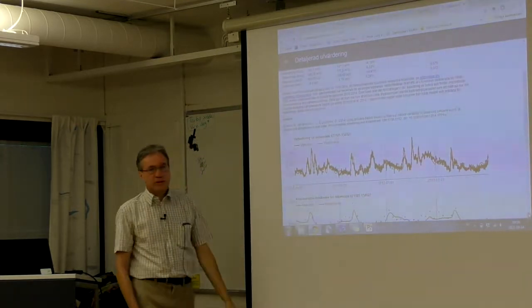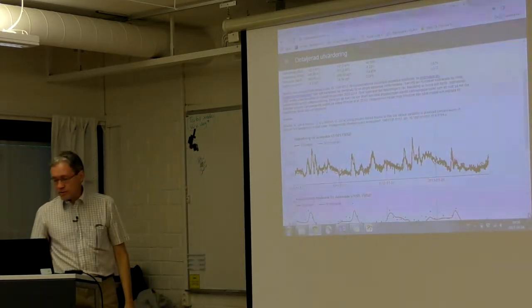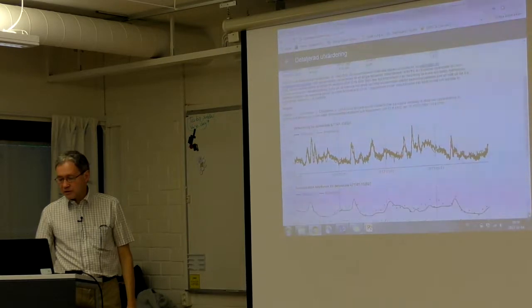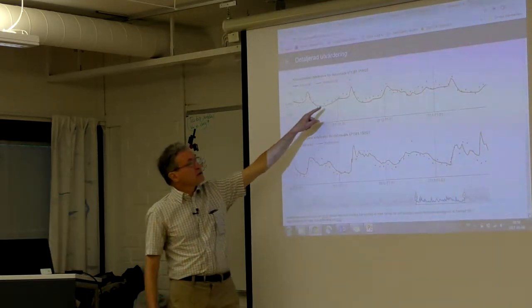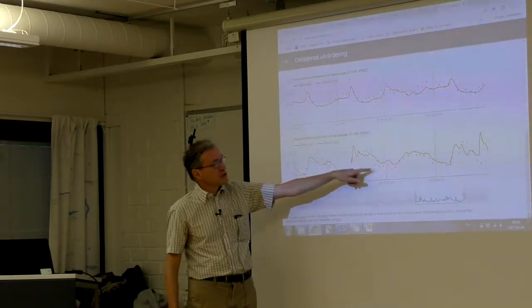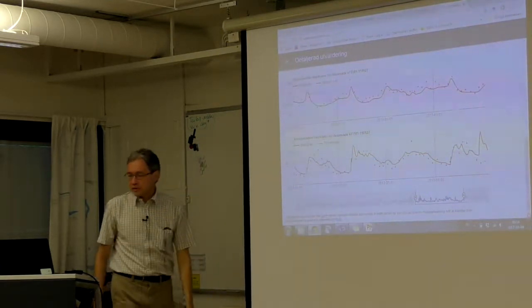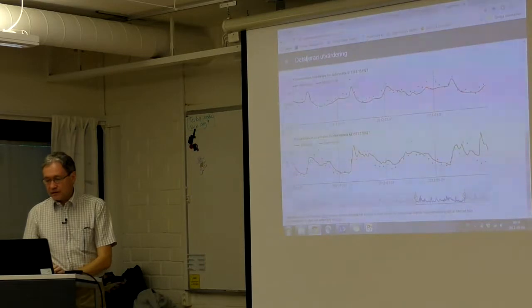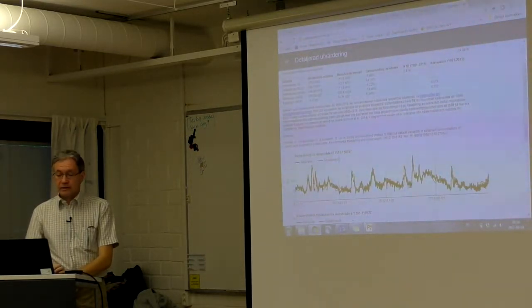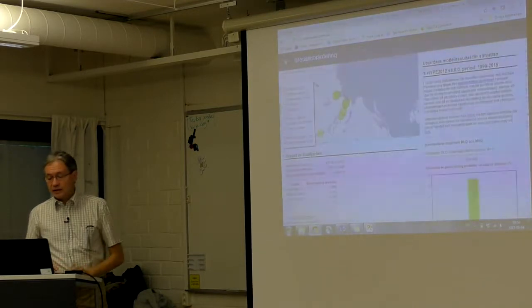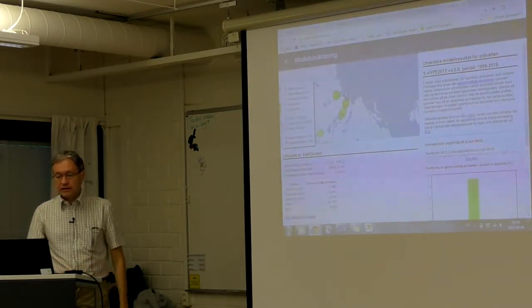Actually at this point there were both discharge measurements and nutrient measurements. So here is the nitrogen and the phosphorus agreement with observations. Dalälven works rather well, by the way, if you take into consideration that it's regulated.